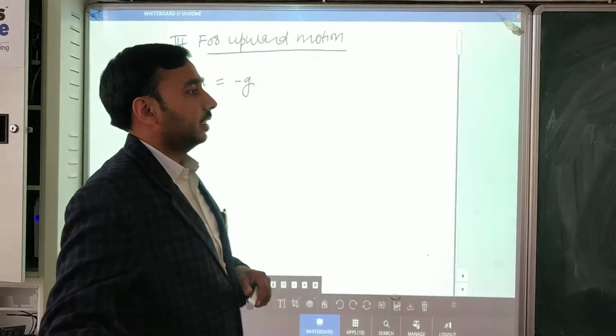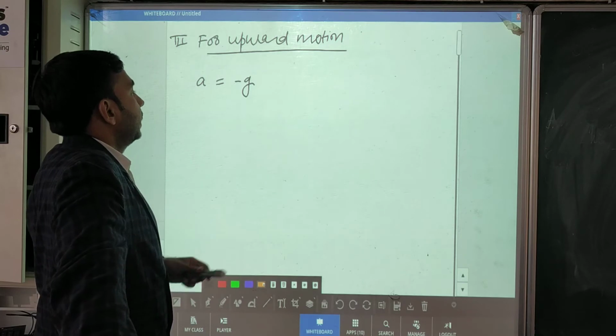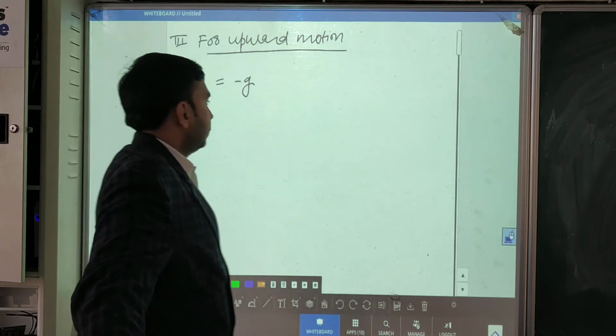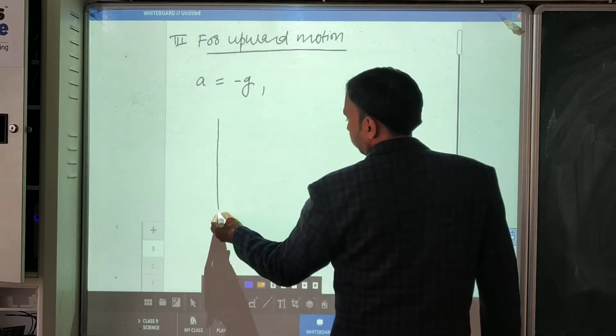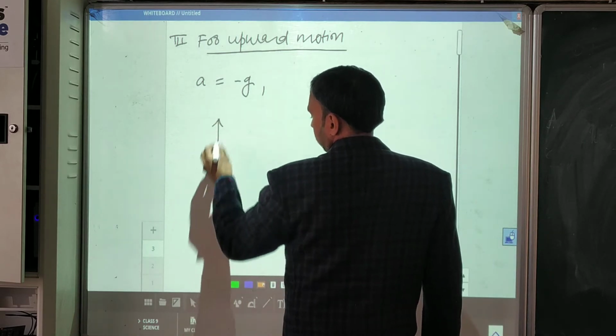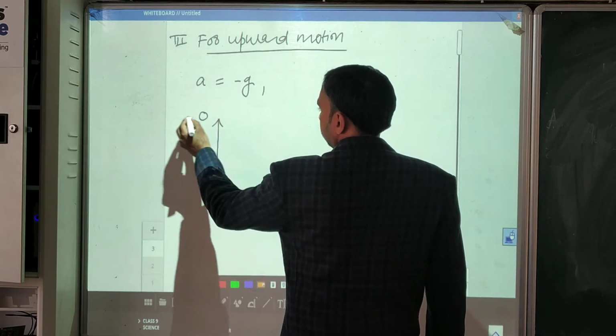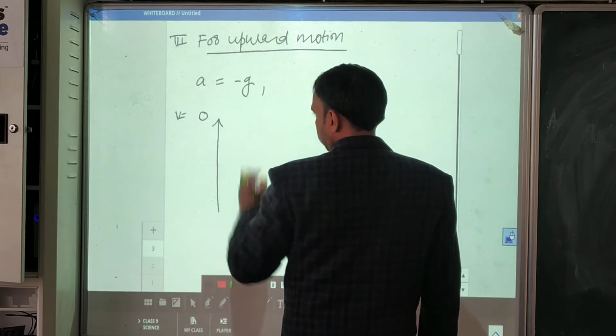This means there is a certain retarding force acting against the motion of the body. So this is minus g, and at the highest point, suppose the body is being sent upwards, its final velocity is 0.